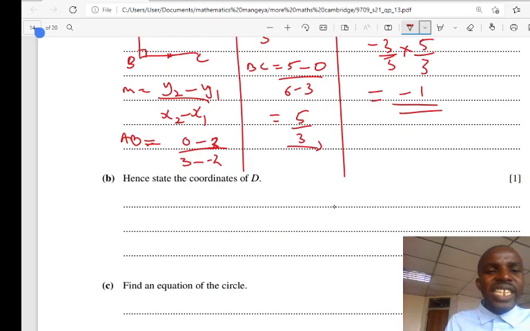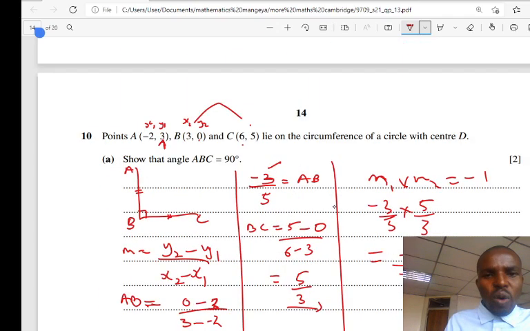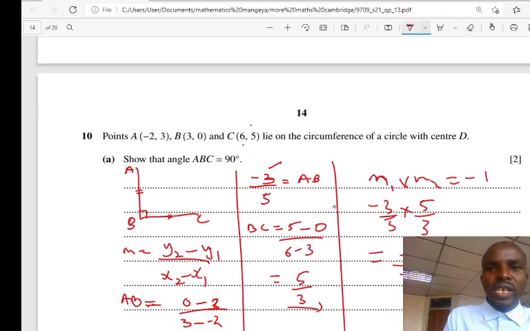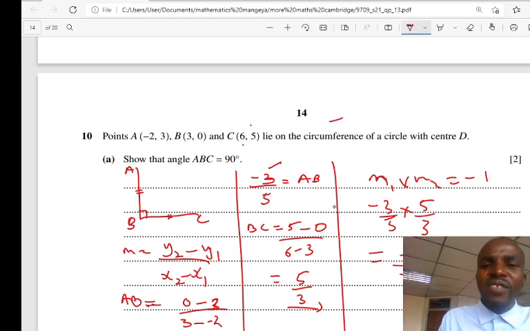Then next, let's state the coordinates of D. What is D in this case? They said these points A, B, and C lie on the circumference of a circle with center D. So if they lie on the circumference of a circle with center D, what does it mean?